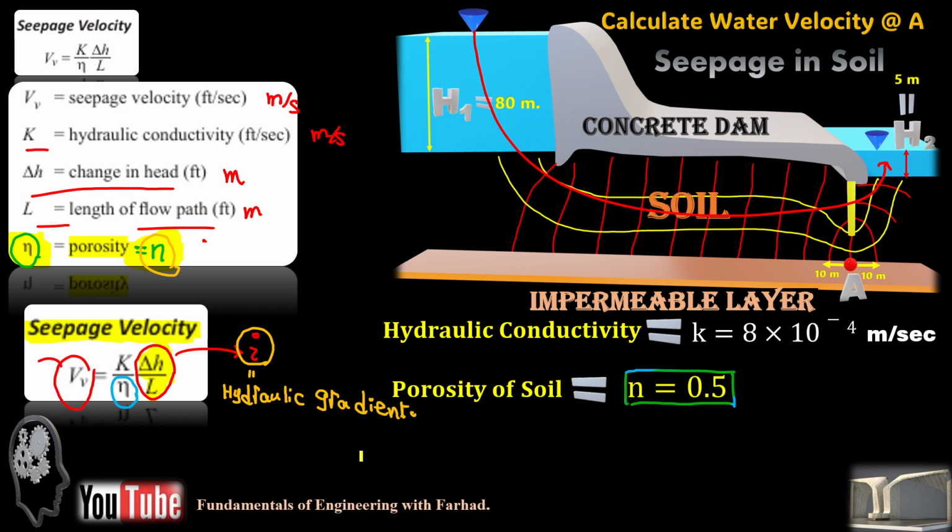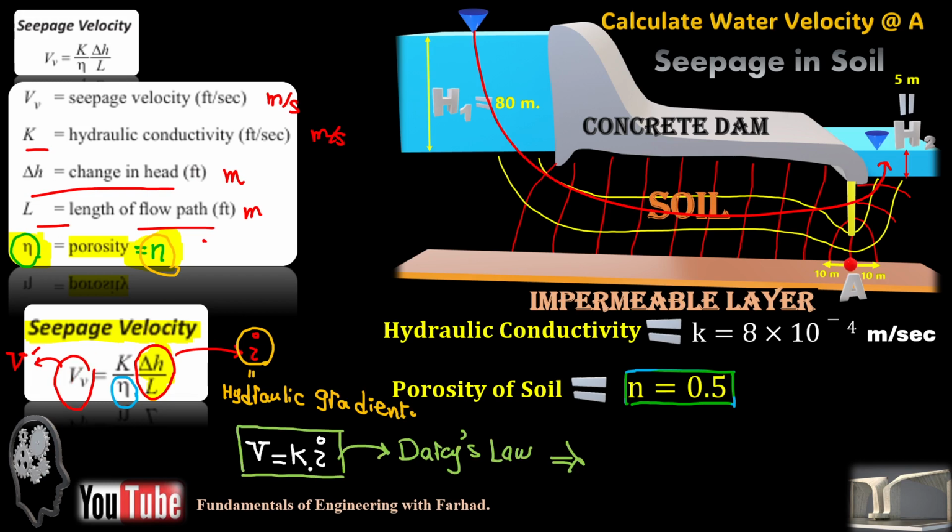And if you replace v sub v by v prime and then jot down Darcy's law in soil, which says velocity is equal to hydraulic conductivity times the hydraulic gradient of soil, that's Darcy's law.